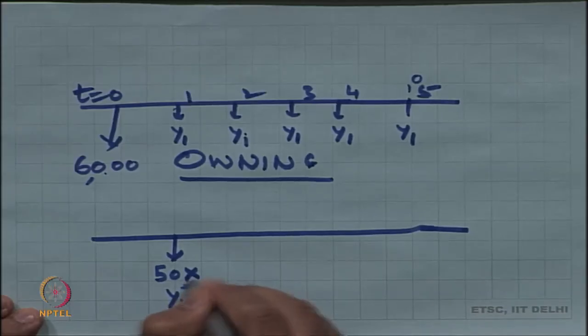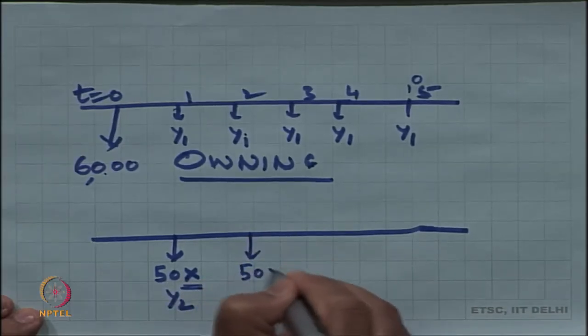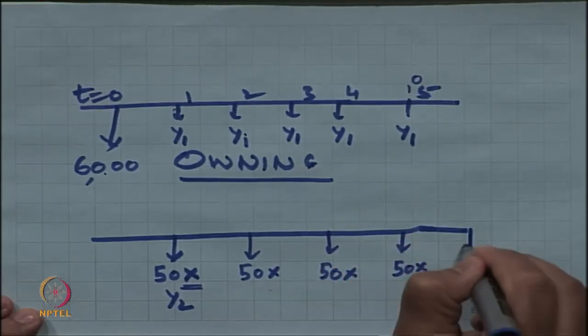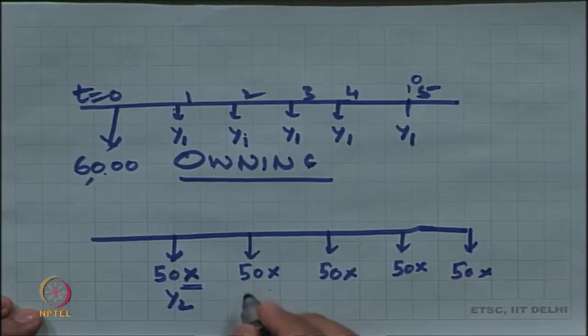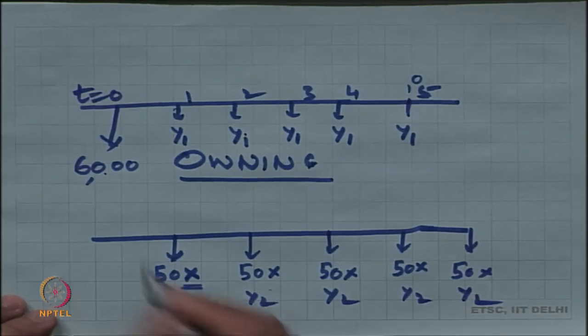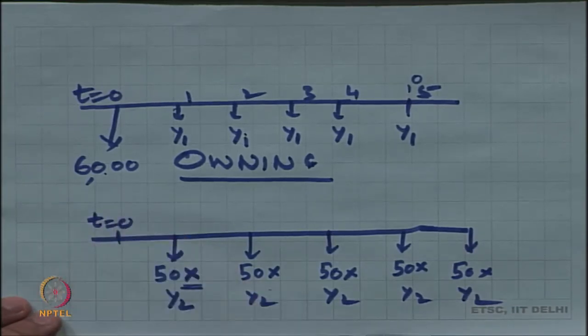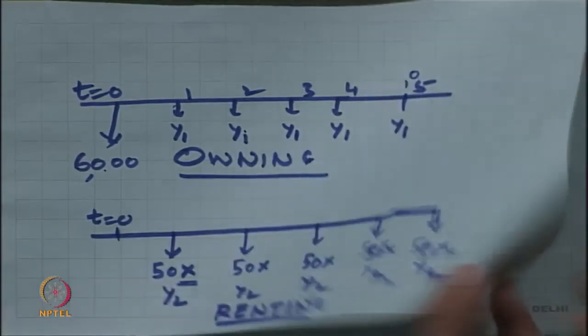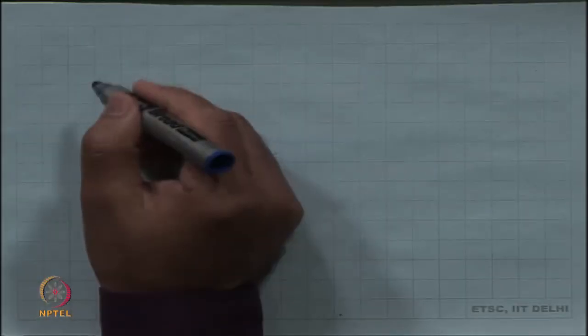So, if you are using it for x days, it is 50x, likewise 50x here, 50x here, 50x here, 50x here, and of course, y2 every year as part of O&M cost, and at t is equal to 0 there is nothing. So, this is renting option. Now, I just compare the cost of the two and equate them, because at break even I am indifferent towards owning as well as renting. So, I just equate the two costs.